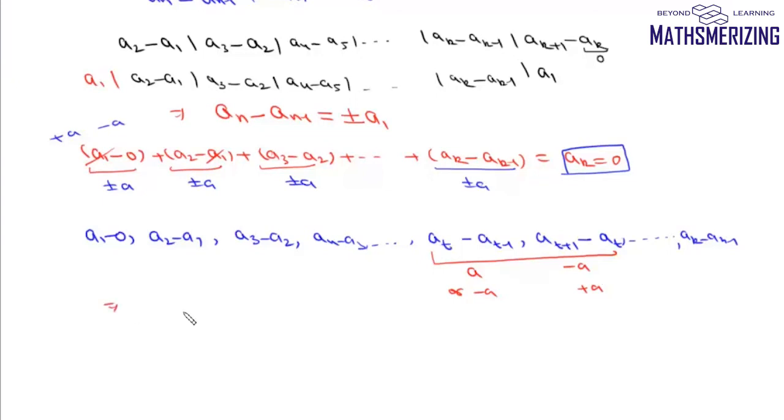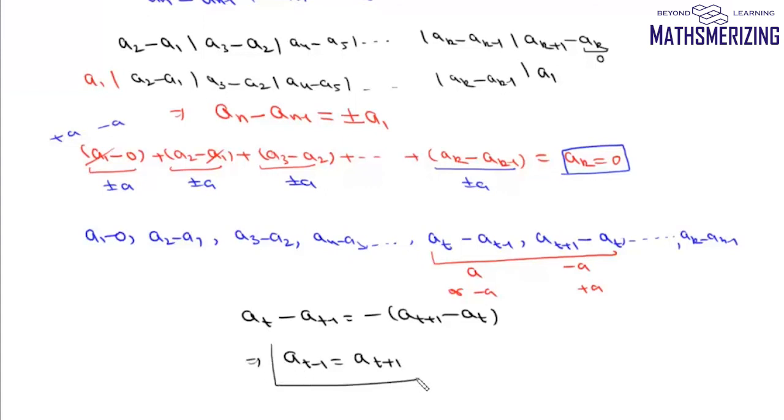From here we can write a(t) minus a(t-1) equals minus of a(t+1) minus a(t). Now in this one, a(t) will cancel. So we can say a(t-1) must be equal to a(t+1).